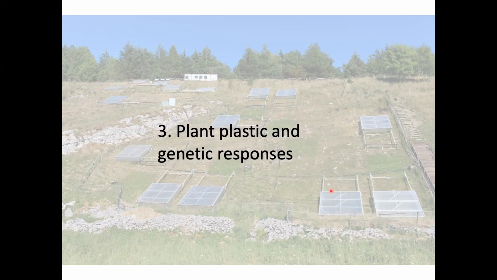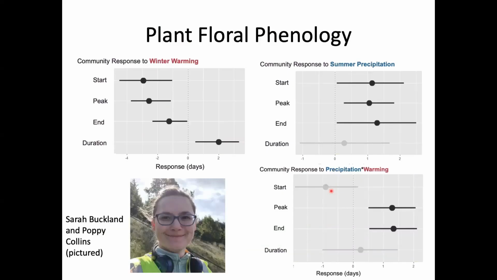Plant plastic and genetic responses, again, have to be brief because we need to wrap up. But in terms of plasticity, we can use the experiment to look at plant phenology. We see the normal response to warming in terms of floral timing: earlier advances in the start, peak, and end of flowering, and increased duration of flowering.